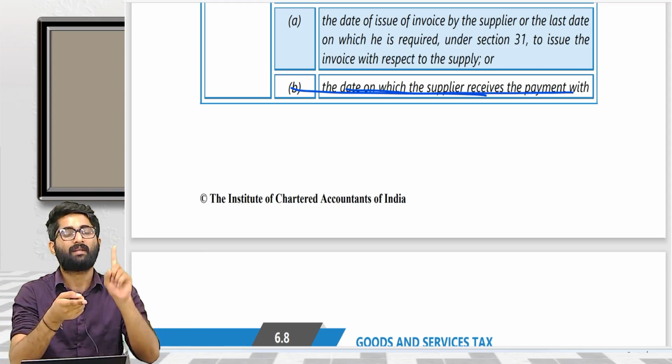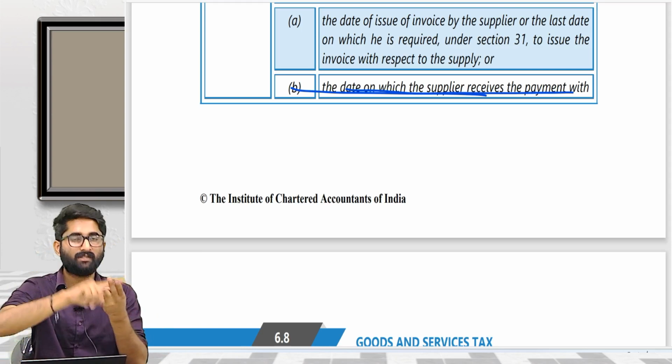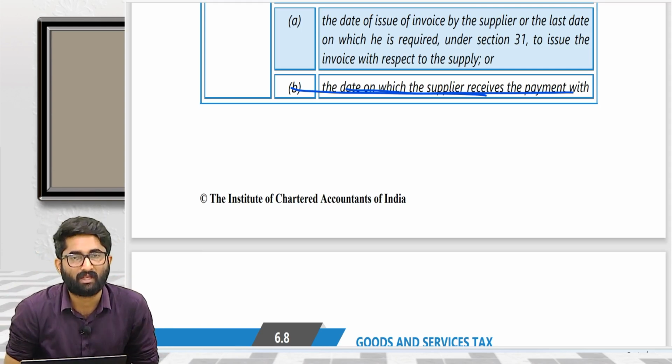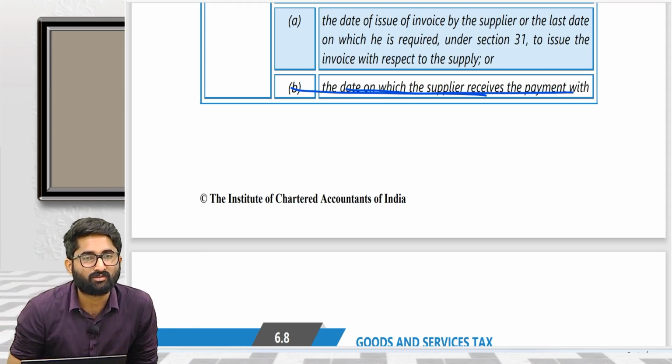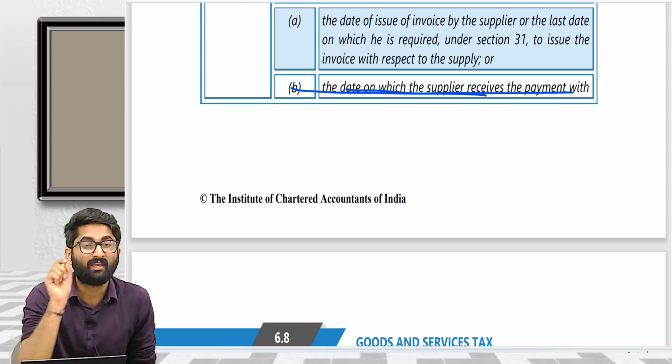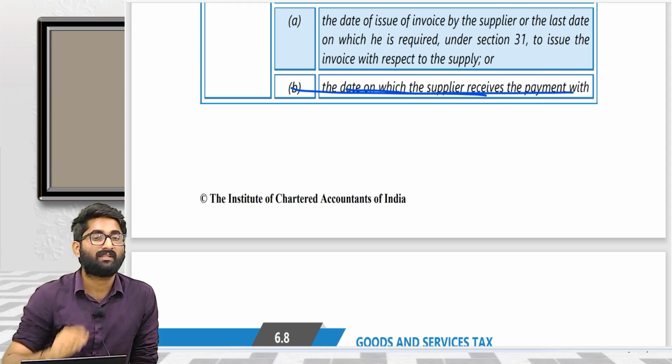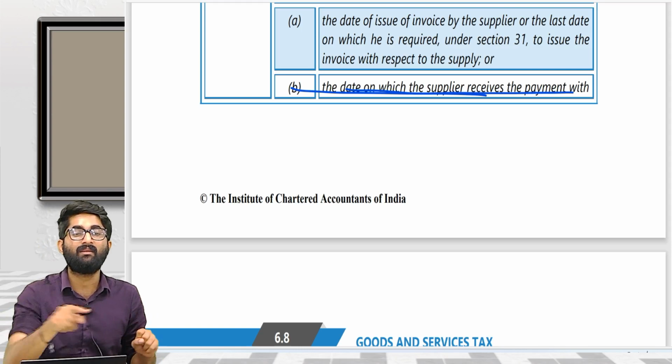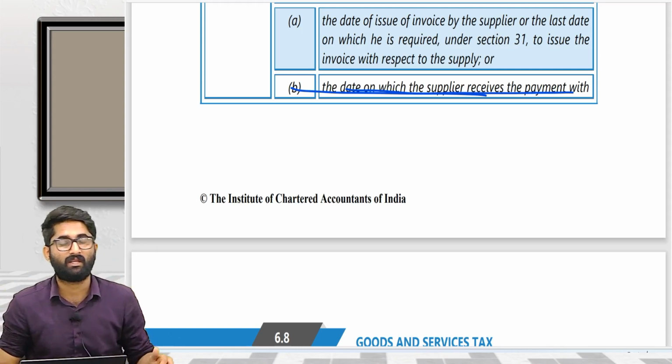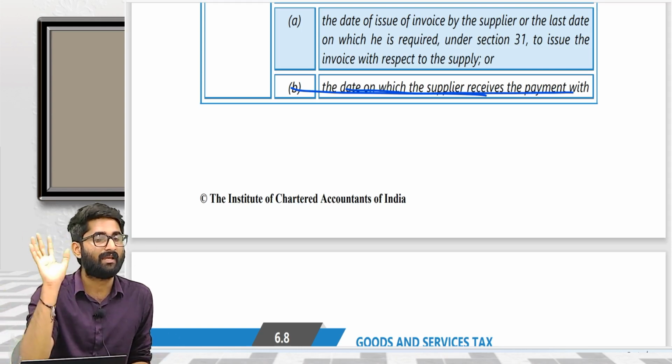It is the date of invoice or the last date to issue the invoice as per section number 31. Can you recall the last date to issue the invoice as per section 31? Under section 31 subsection 1, if movement is involved, it is the removal of the goods; if movement is not involved, it is the making available.